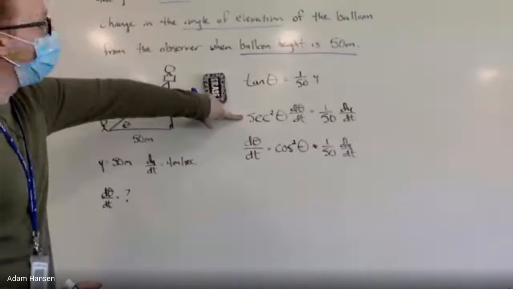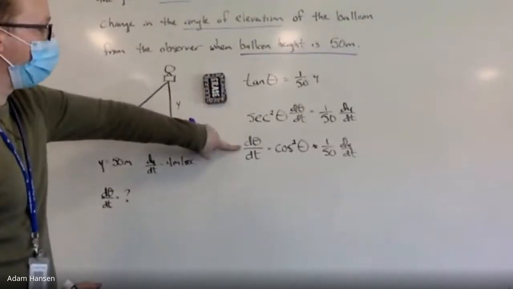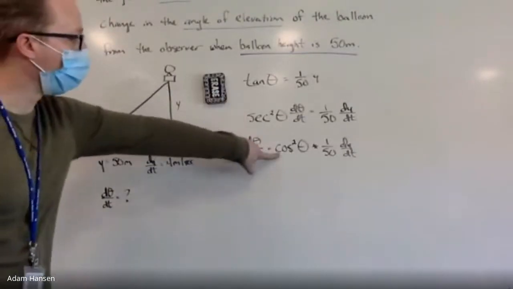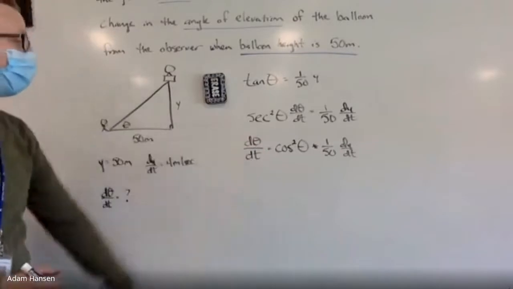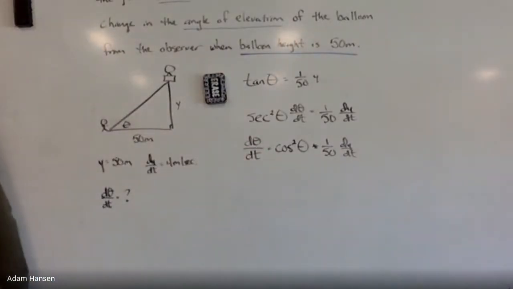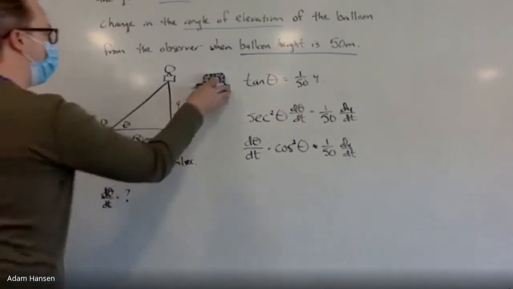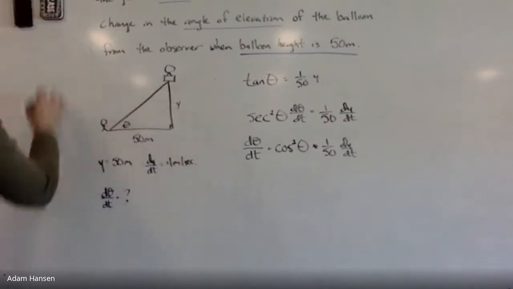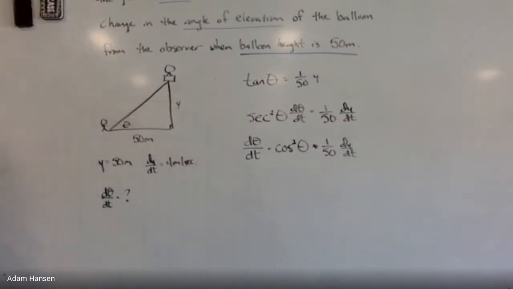You could just plug in everything you need right here, but I think it's best to write it like this, so I can work with cosine and have my d theta dt ready to go. My equation's already in terms of what I need to solve for. All right.